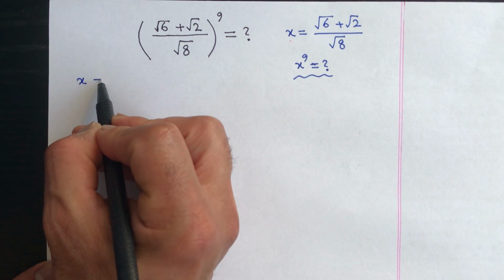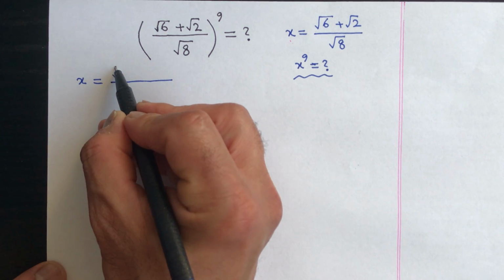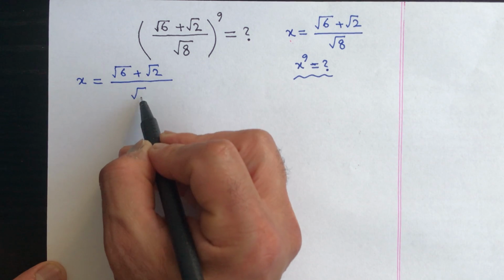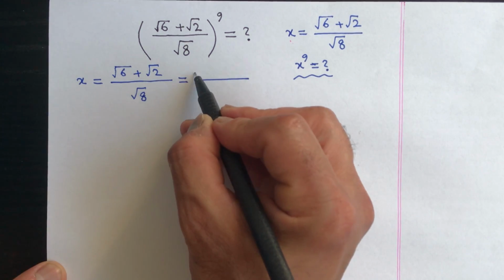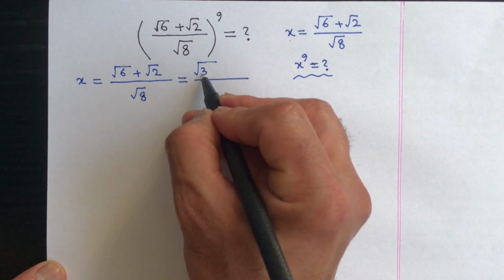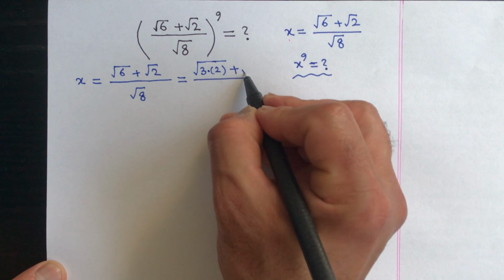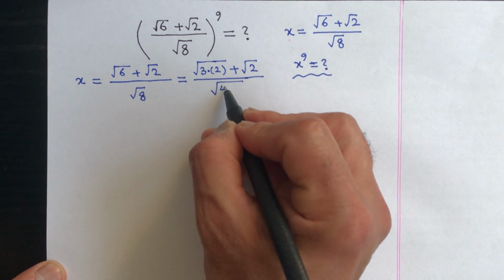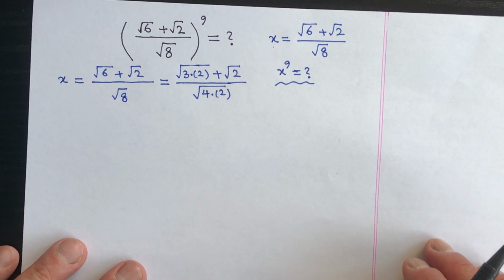x is square root of 6 plus square root of 2 over 8. And square root of 6 is square root of 3 times 2, plus square root of 2, over 4 times 2, that is 8.